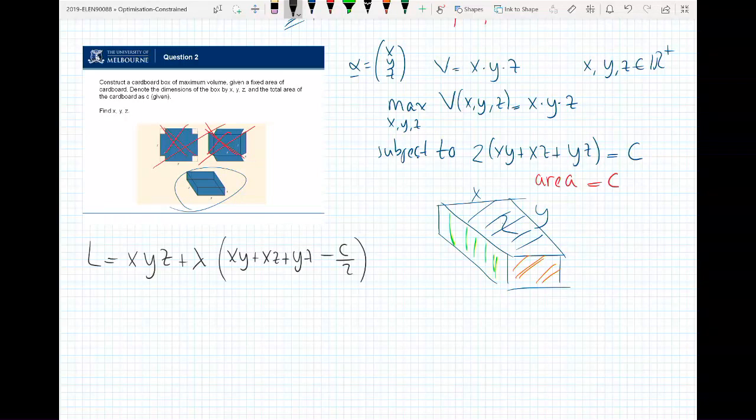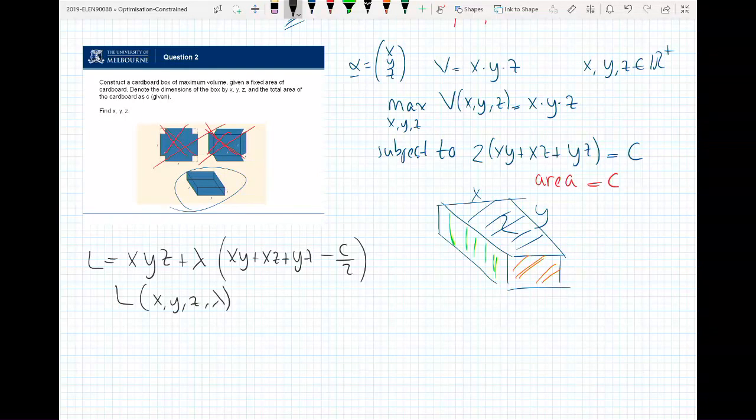Okay, so that will be my Lagrangian function. Actually, L is in terms of x, y, z, lambda, right? The decision variables and lambda added. Now I have an additional variable in L. Then I can write the first order condition.